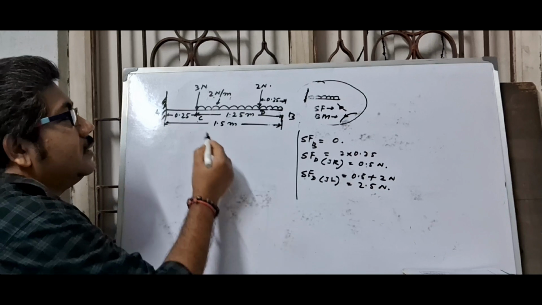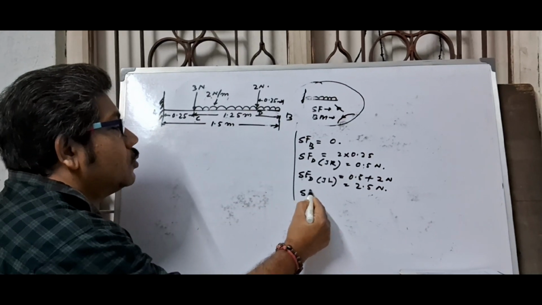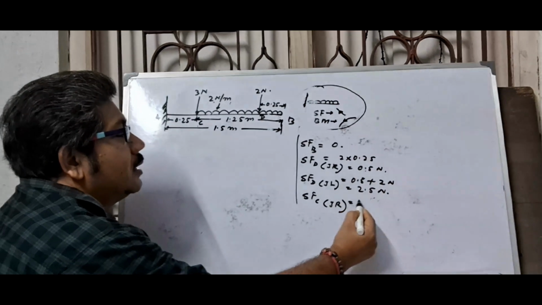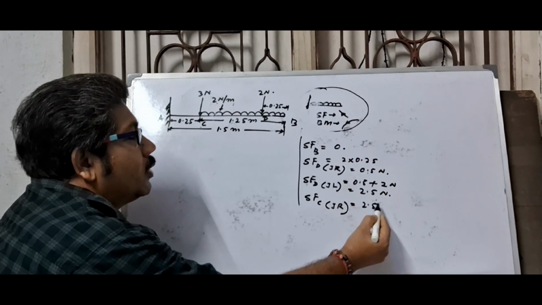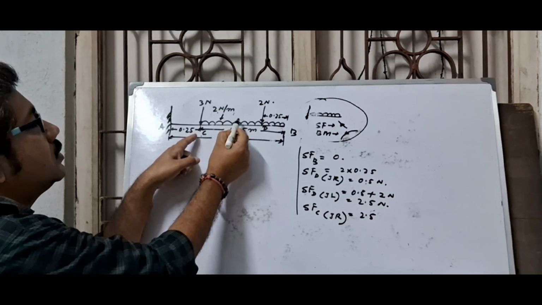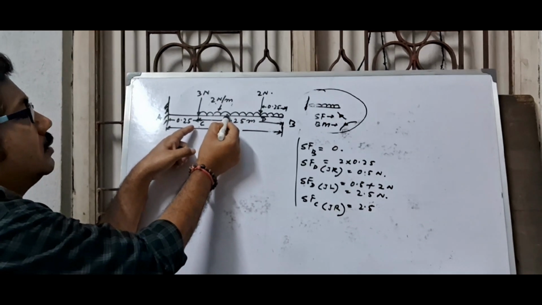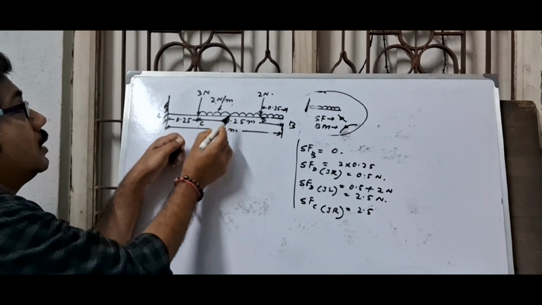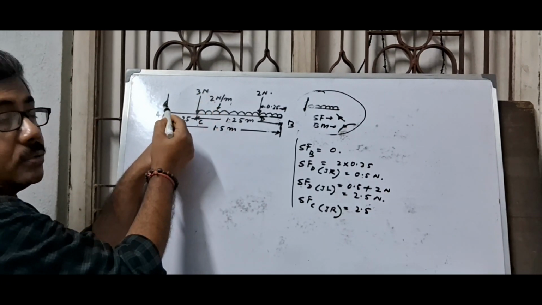Now at point C, similarly, shear force at point C just right. Previously the value was 2.5, and now from D to C you should take the value of UDL, just UDL, not the point load of 3 Newton.